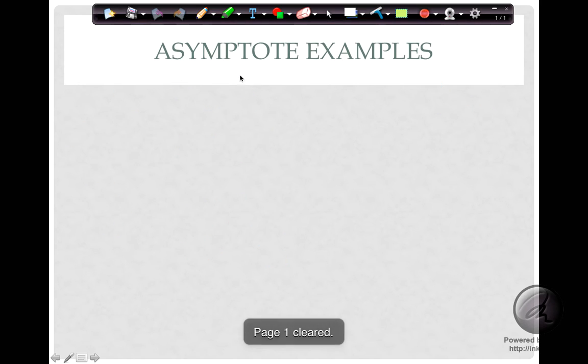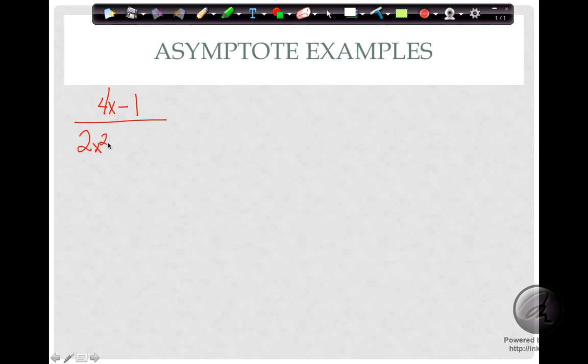All right, what else can we do here? Let's try something along the lines of 4x minus 1 over 2x squared plus 3x plus 1. And I want to find the asymptotes, but I also want to find the domain in this case. So I need to look to see when the denominator equals 0.